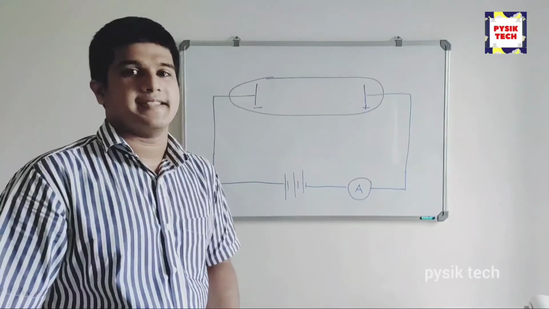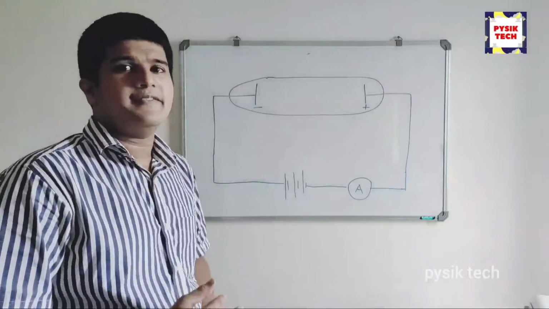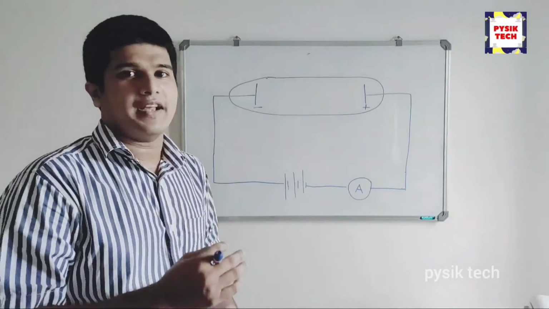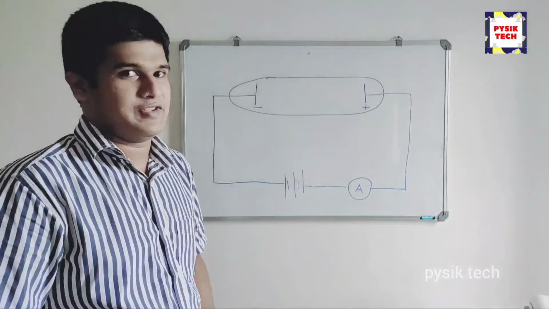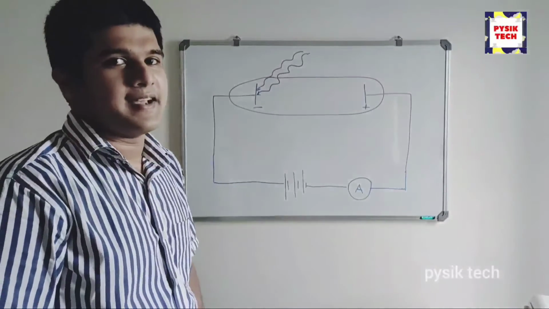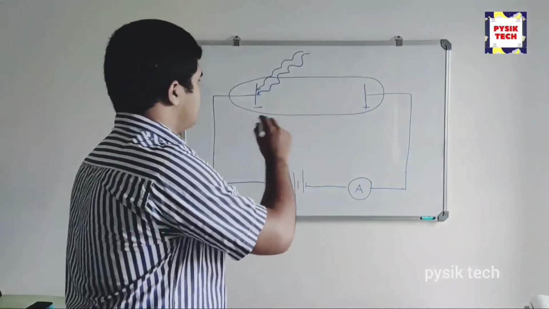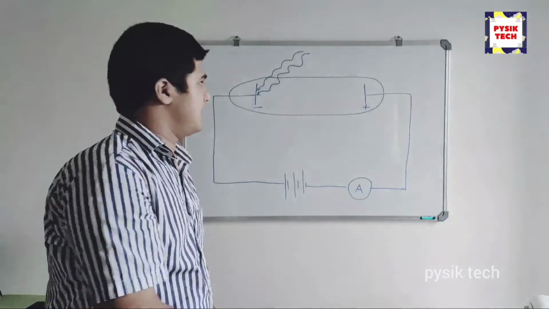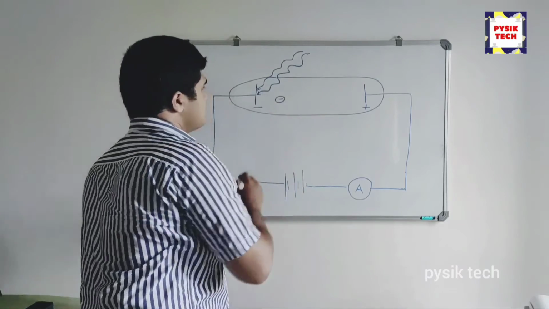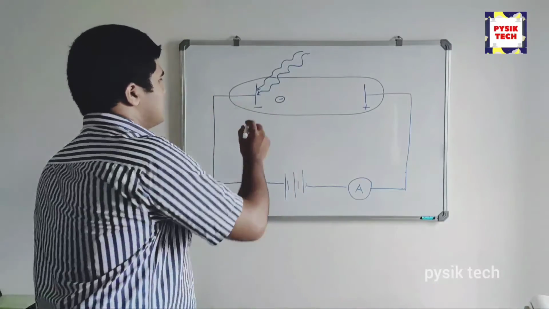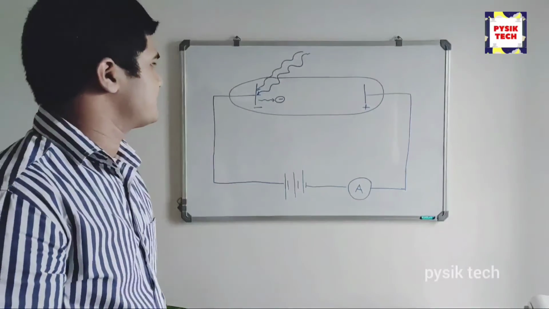Right now our circuit is open. After that, we can give a particular amount of energy in the form of light. The surface will be excited and electrons will be freed from this metal. Electrons have negative charge and will be released from this metal surface.